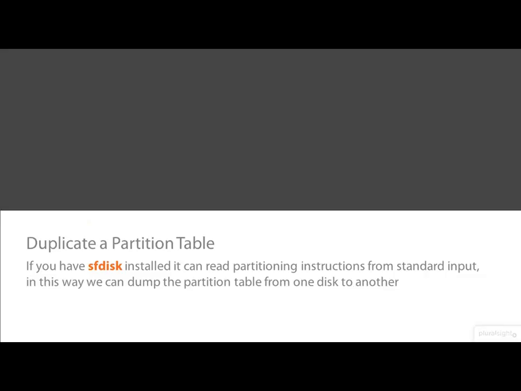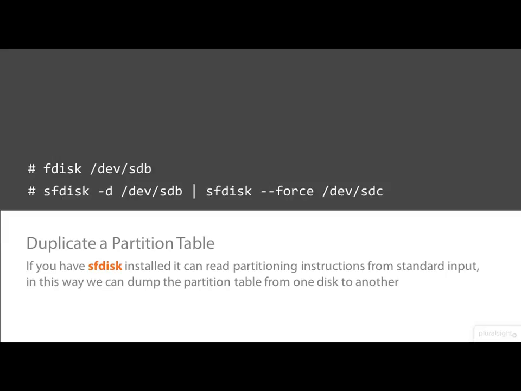Now of course, once we have set up a partition table, if the disks are similar, we can then use sfdisk to dump the partition table from disk 1 onto disk 2. So if we use fdisk to partition up /dev/sdb, we can then use sfdisk to dump the partition table from sdb onto sdc.